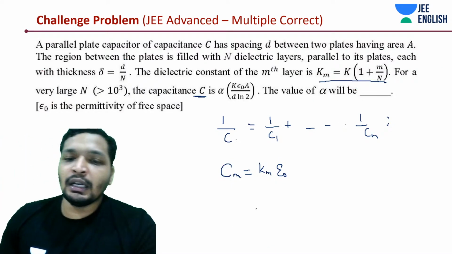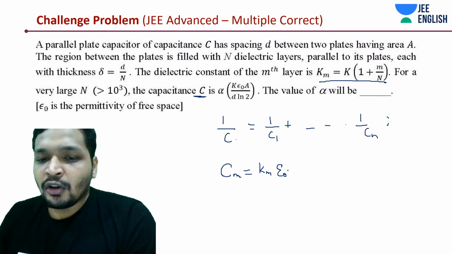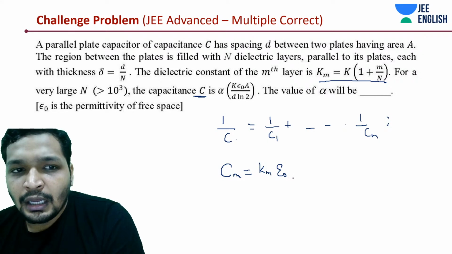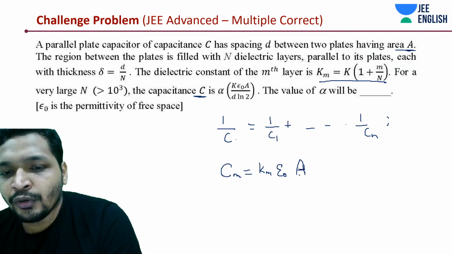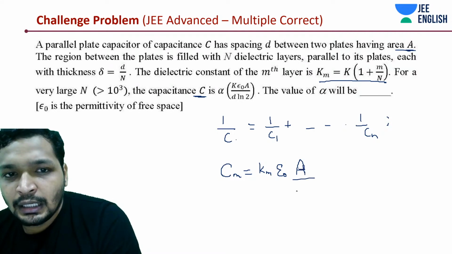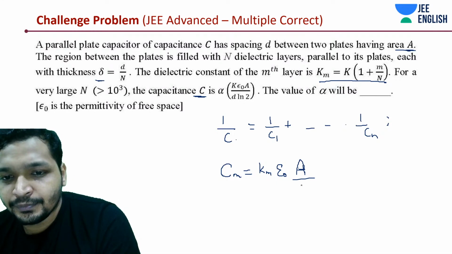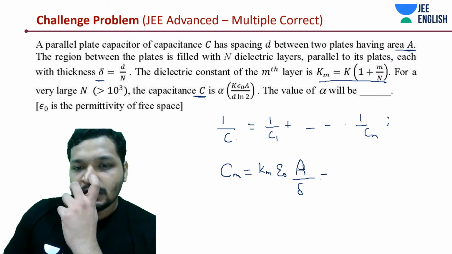Let's move on. Km into epsilon naught, and all have the same area A and the same thickness, which is going to be delta. Let's keep it like this only.